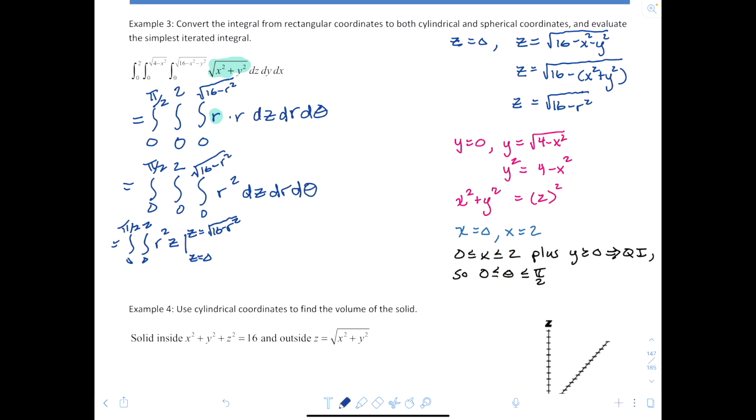So I'm just going to say dr d theta. I'm going to say spherical, because that's the whole point, right? Spherical was easier. See, next page.